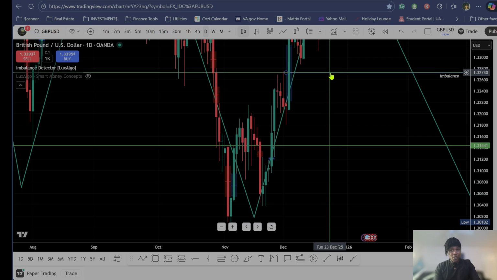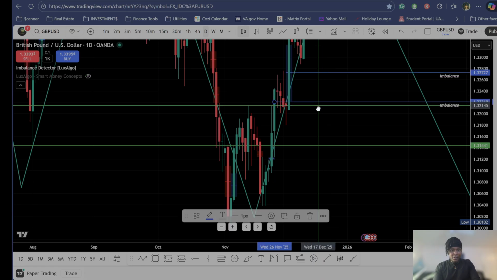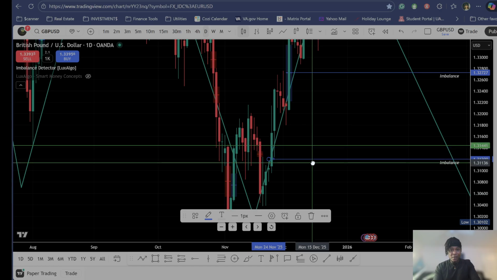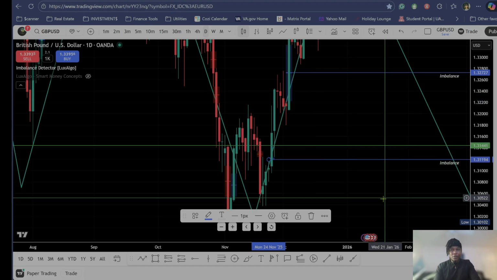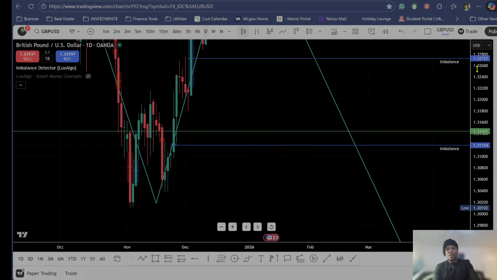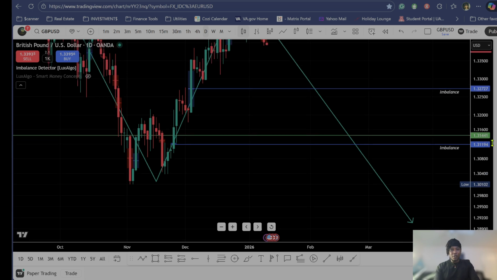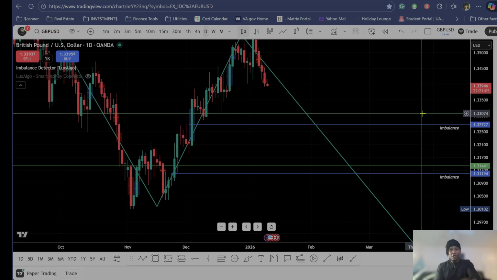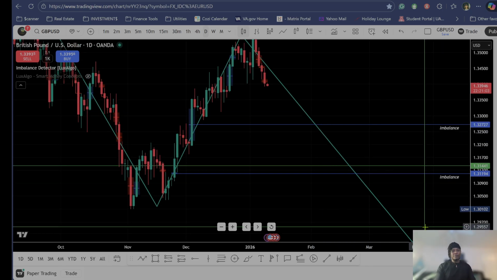I could hold control and drag my mouse and I will make a copy of that line. So now I have two potential areas that the market may come and attack. Simple as that.